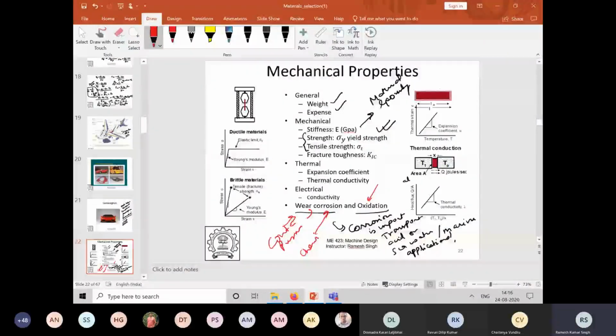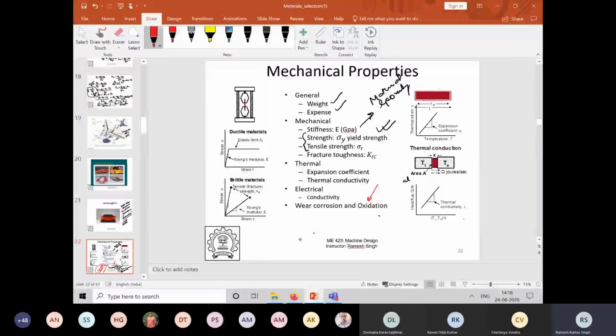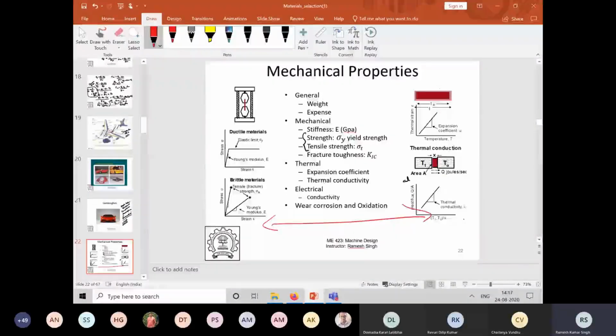So depending upon what application I want, I need to know whether the material has wear resistance, if there's physical contact between the materials, or corrosion resistance, if it's an application in seawater or marine applications, or oxidation resistance if you have open air functionality. So these things have to be accounted for when you talk about your material selection, right? So these are the properties which I talked a little bit about.